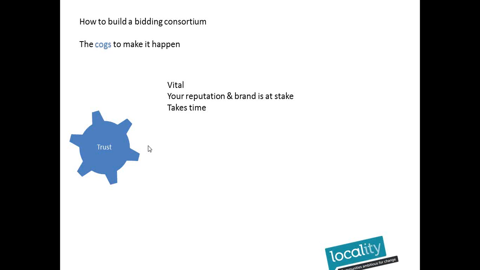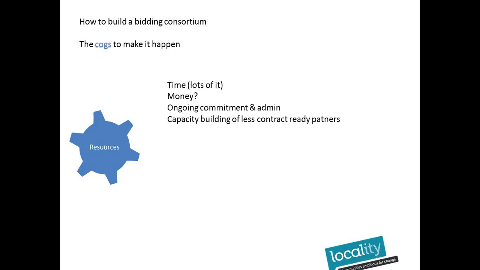One of the consortia that we're working with has developed that by meeting actually weekly and using it as almost a peer support network to build that trust and understanding of each other's situations and circumstances, so that they do trust each other when it comes to delivering together. But your reputation and brand, as it says, is at stake. So it's very important.